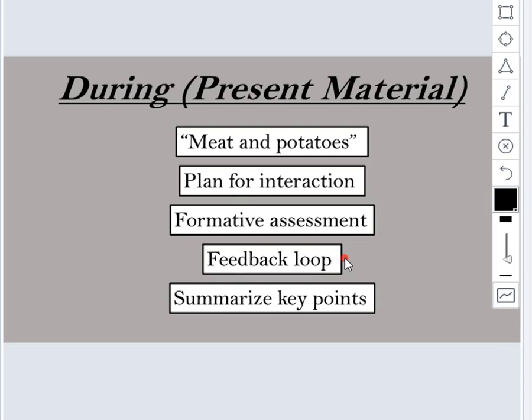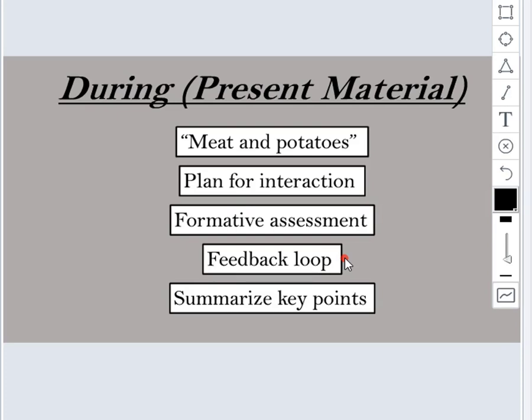So you want to plan into your presentation or your lesson ways and opportunities for you to evaluate students' work, let them know what's good and bad, and then ways to offer suggestions, whether that be in a one-on-one situation or a whole class situation. You do want to begin your feedback loop here.